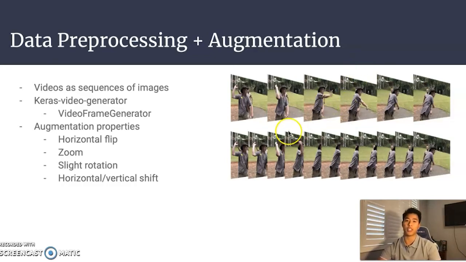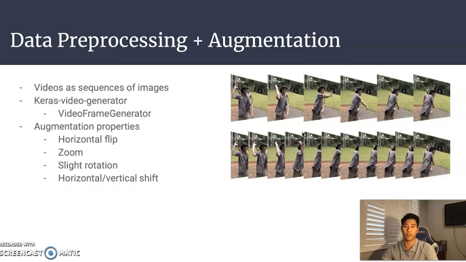But luckily, there actually exists a library called the Keras Video Generator that deals with this problem itself. It comes with 3 different generators, and we chose to use one of them, the video frame generator. In video frame generator, you can specify how many frames you want to extract from the sequence and that you want to augment. And we chose 5 frames.